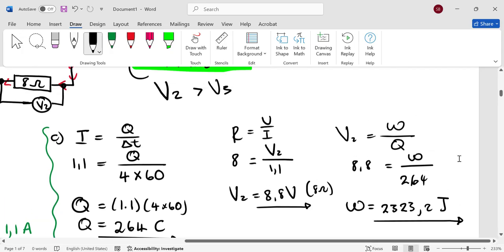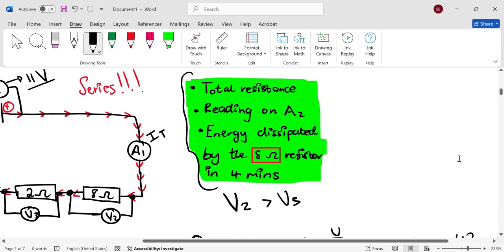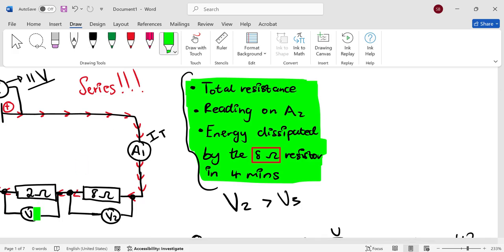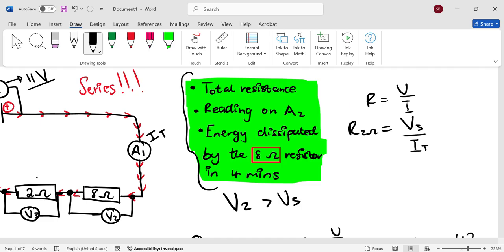And just out of curiosity, if you had to determine V3, what would you do? Remember, V3 has its corresponding resistor, the 2 ohm. According to Ohm's law, R equals V over I, but not just any V, V3, and not just any R, but the R of the 2 ohm resistor, divided by the total current, because the 2 ohm resistor reads the total current.